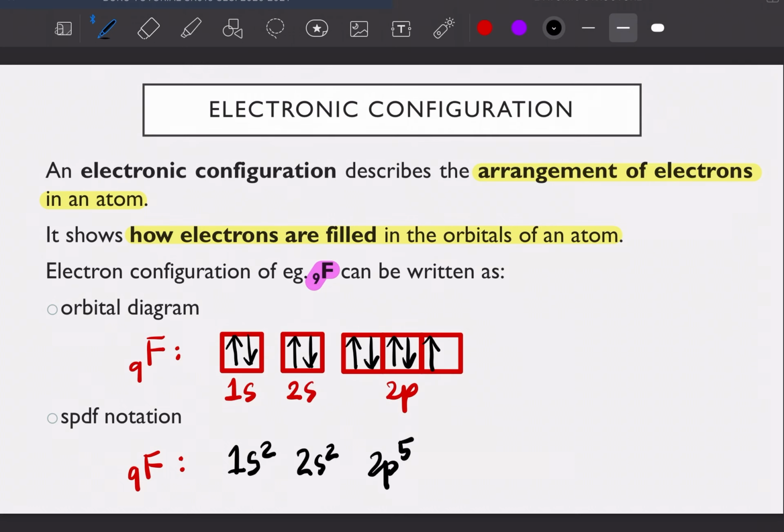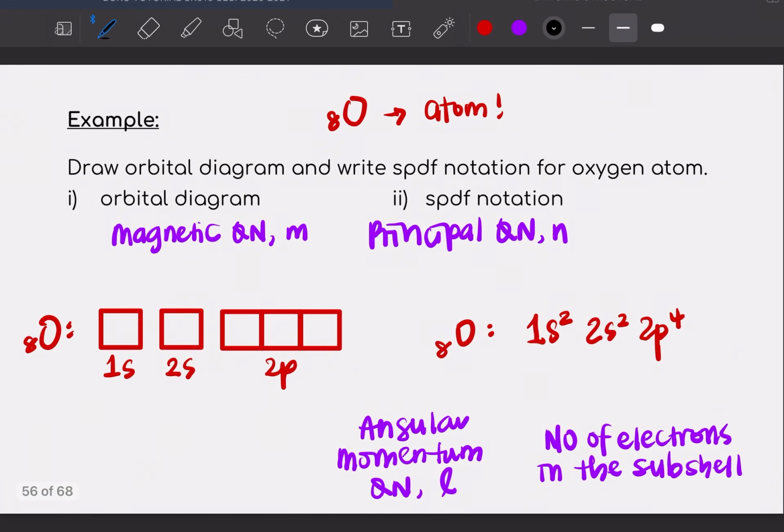Okay, that's how you write the SPDF notation. Simple. Next we're going to do this example where your question asks you to draw an orbital diagram and write SPDF notation. The keywords when you are told to show the electronic configuration: if they ask you to draw, it means you have to give an orbital diagram.